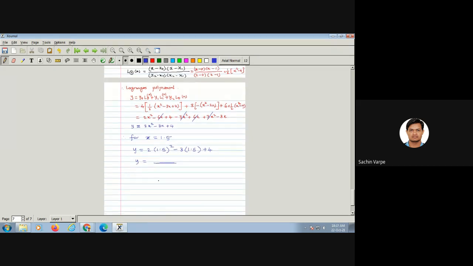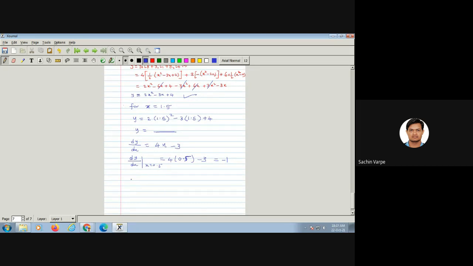Then dy by dx. What is dy by dx here? When we differentiate this y, we get 4x minus 3. So dy by dx at x equal to 0.5 will be 4 into 0.5 minus 3. So that is, I think, minus 1, right? Because 0.5 is half, 4 by 2 is 2, 2 minus 3 is minus 1.